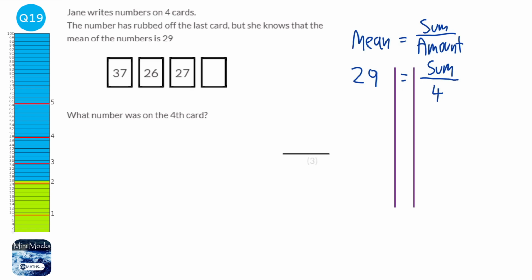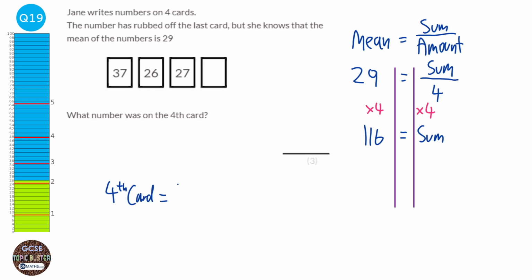So what we're going to do is just times both sides by 4. So we're going to do 29 times 4, which is 116. And so we know that the sum of the numbers will be 116. So all we need to do is to find the 4th card, is get that 116 and just take away the numbers that we know.